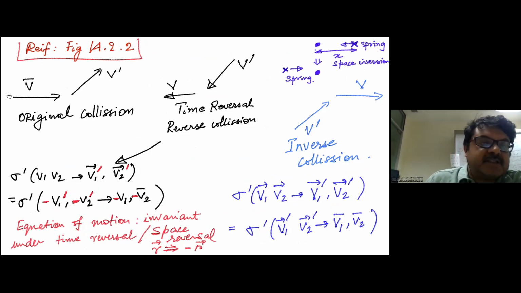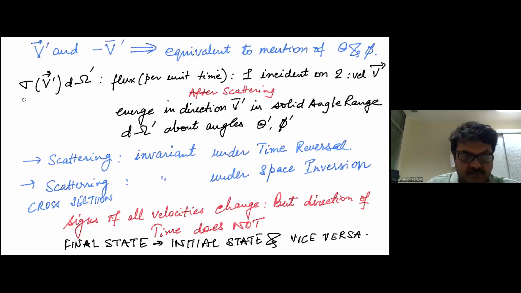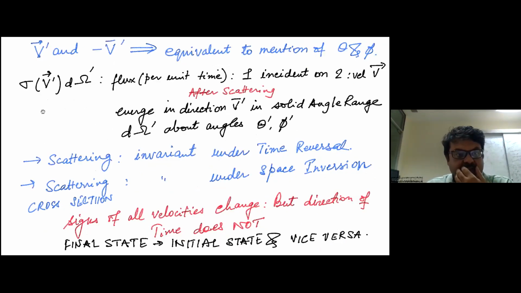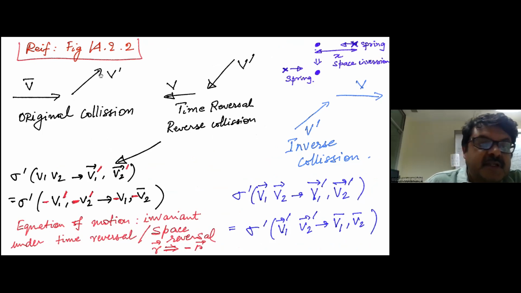So we are just plotting the relative velocity capital V with respect to each other. Of course, the two particles have two different velocities, V1 and V2, and after scattering they have V1 dash and V2 dash. But if you are moving with the center of mass frame, we are just plotting the relative velocities: they are coming in at V and then going off with V dash.